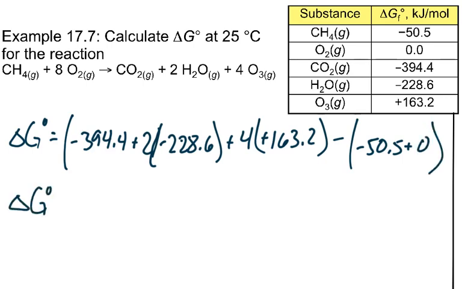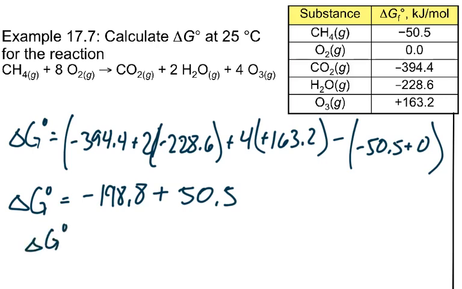So my standard delta G, I'm going to add up all my products, is equal to negative 198.8 plus 50.5, which works out to negative 148.3 kilojoules.